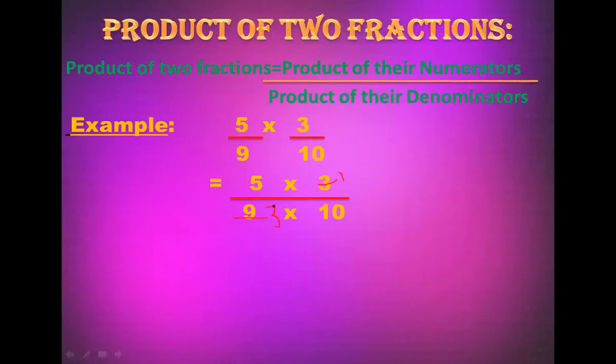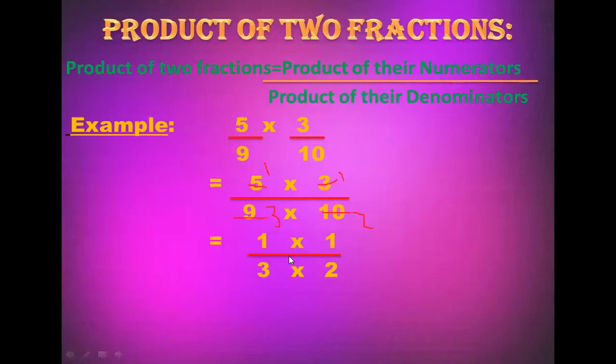But if you see 5 and 10, they can also be divided by one number. What will it be? 5 itself. So 5 into 1 is 5 and 5 into 2 is 10. So what I'll get here, I will write the quotients here: 1 multiplied by 1 and 3 multiplied by 2.